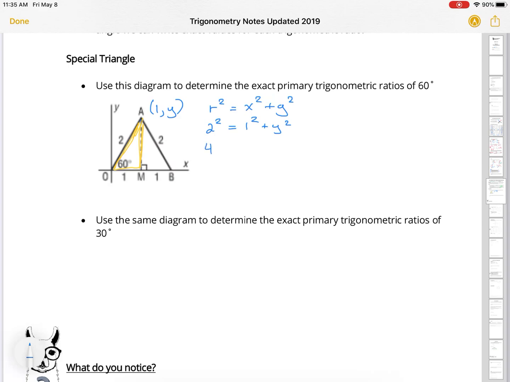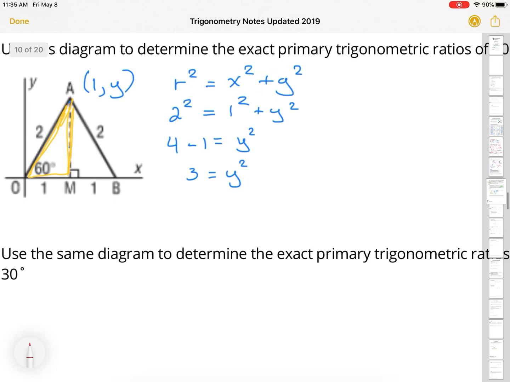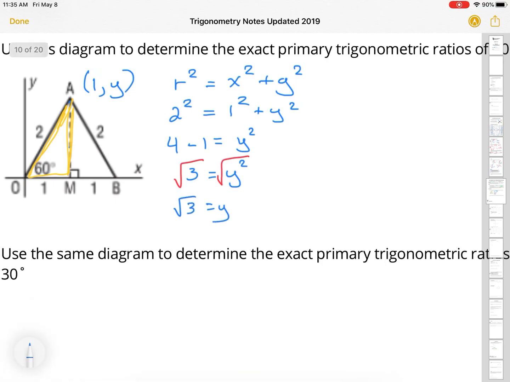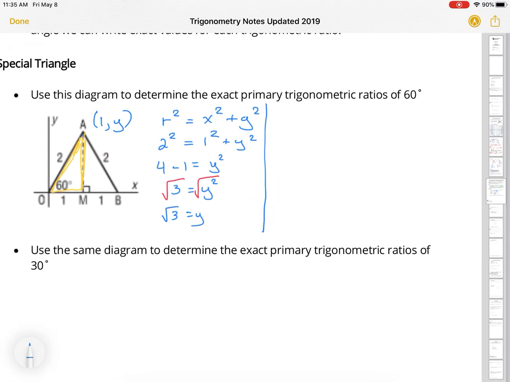R squared is 2 squared, x squared is 1 squared, and we're looking for y squared. 2 squared is 4, 1 squared is 1, so when we move it over, we'll subtract it, and that will equal y squared. Now we're going to have to take the square root of both sides. So that tells me that y equals square root of 3.